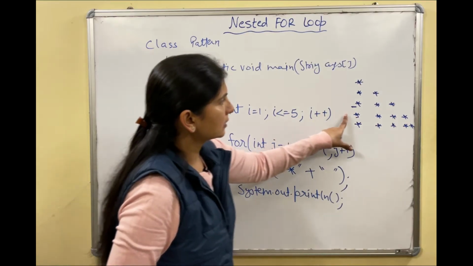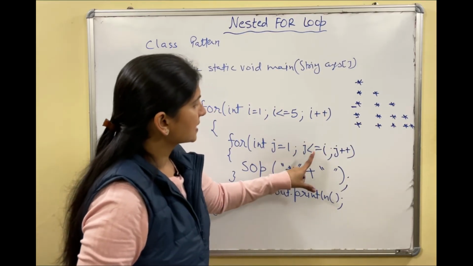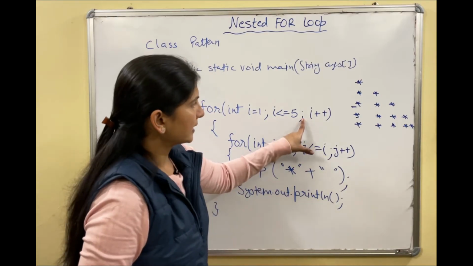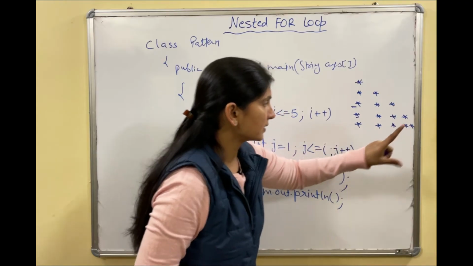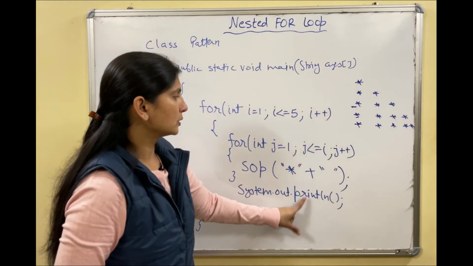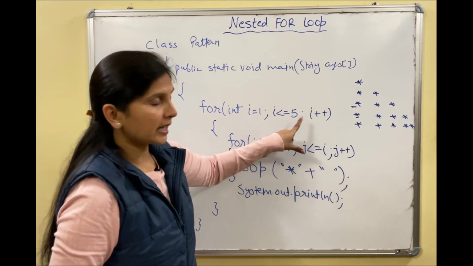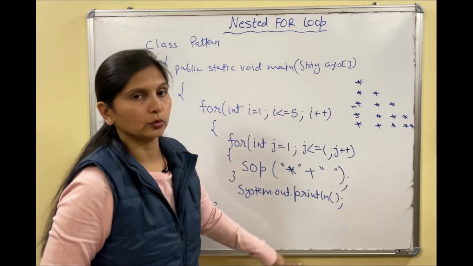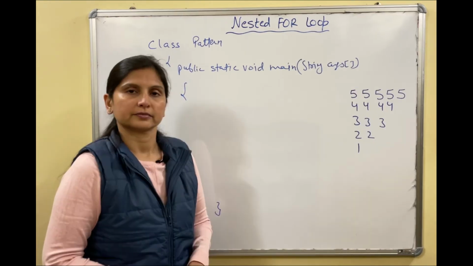Again I is 4, so 4 times the loop will go, 4 asterisks will be displayed. Same way it will come out. I is 5, 5 times inner loop, 5 times asterisk will be displayed, and when it comes out, then when I becomes 6, it will come out from this outer loop.